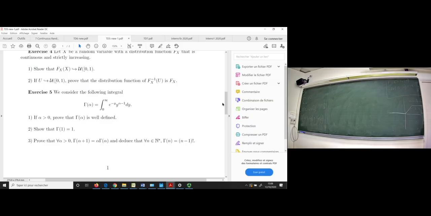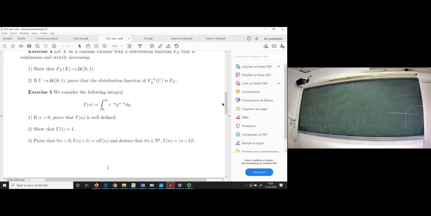And now it's finished, more or less, because what can you say about f_X composed with f_X^{-1}? It's the identity by definition of the inverse. So I obtain the probability that U is less than f_X(small x). And I know what is the distribution function of a uniform.